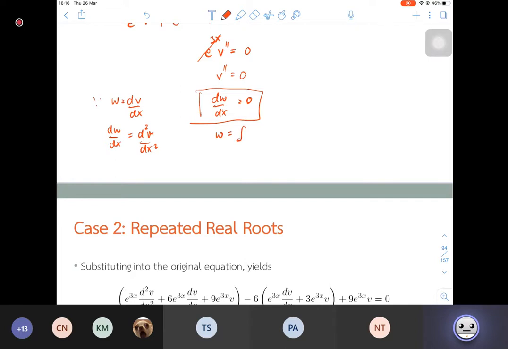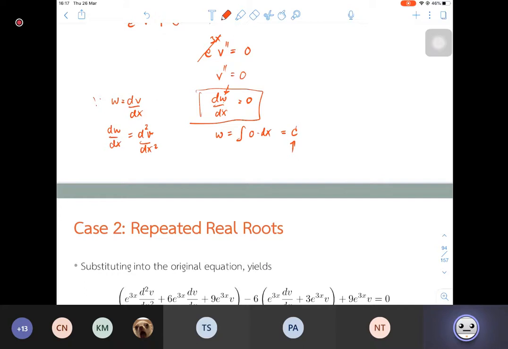Okay, w will be the integration of 0 dx, which would be a constant. Take w to be any constant. You get the derivative of the constant becomes 0.